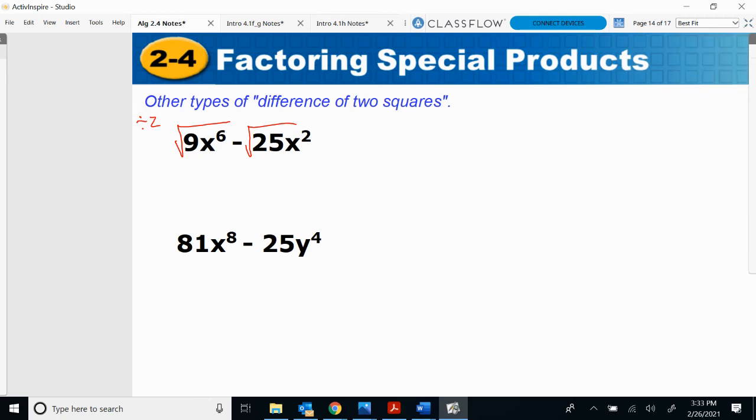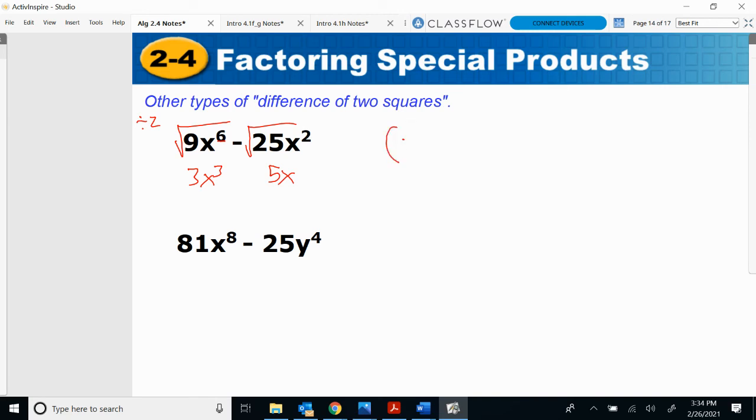So this here is going to be 3x to the 3, because I'm just dividing that 6 by 2. And this over here is going to be 5x. So they worked out. We could take the square root of both of them. So here's what happened.